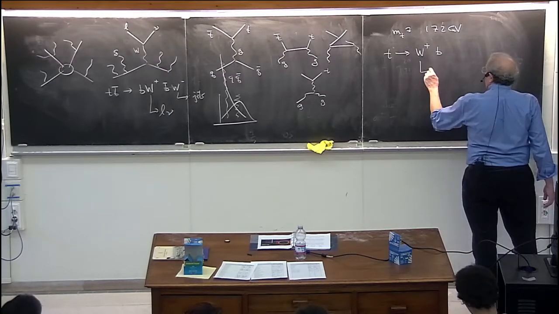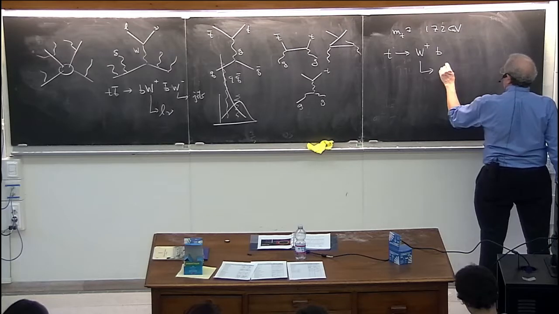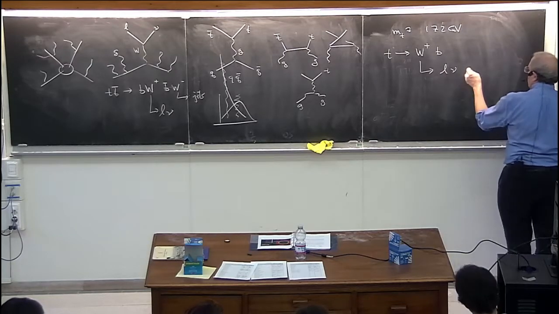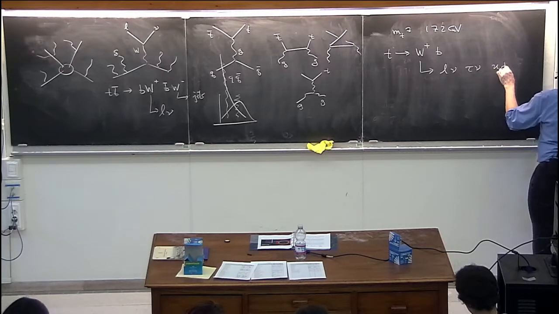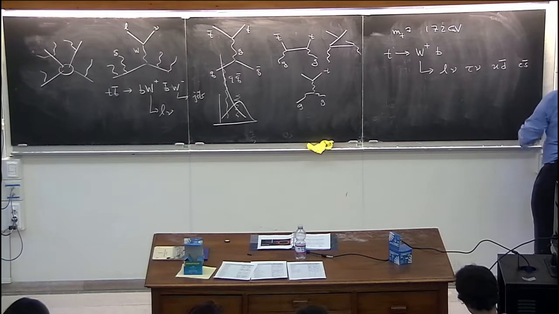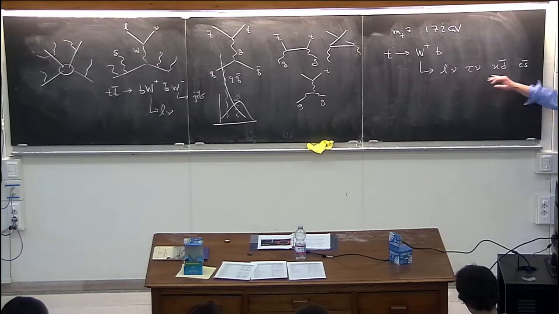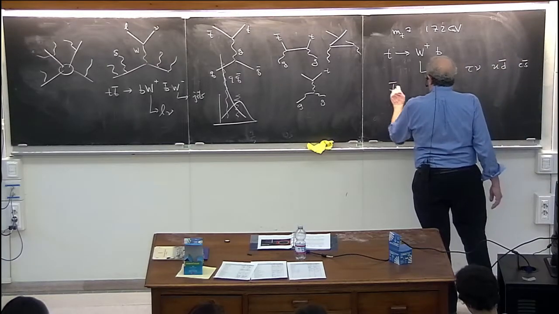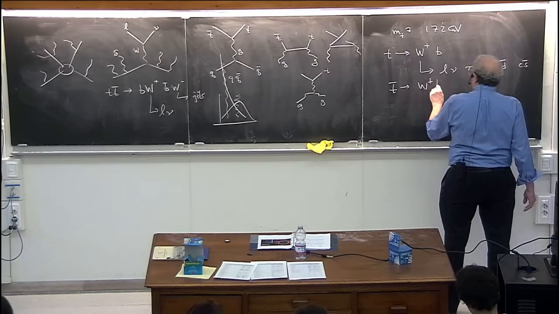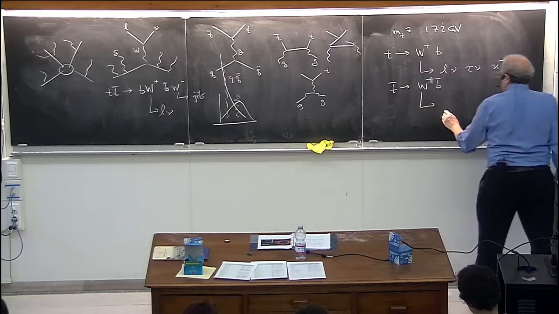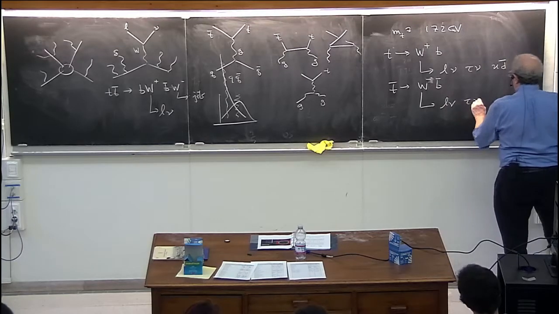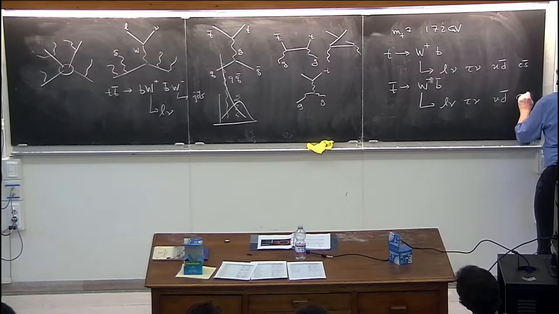But just to tell the simple story here, the W now decays to lepton and neutrino, also tau neutrino, and then u d-bar and c s-bar. So it has a multiplicity of decay modes. And if you also have an anti-top in the event, this now has the same multiplicity of decay modes.